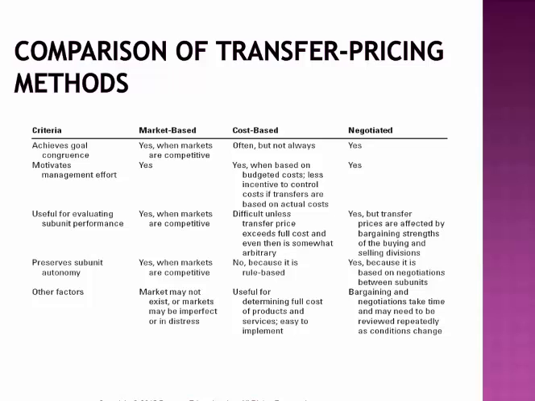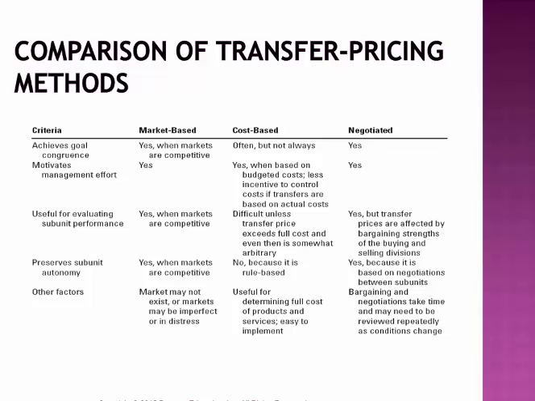Does it or does it not motivate management? Does it or does it not aid us in evaluating subunit performance? Does it or does it not aid the subunits in continuing on in their use of autonomy? And then there's some other factors.